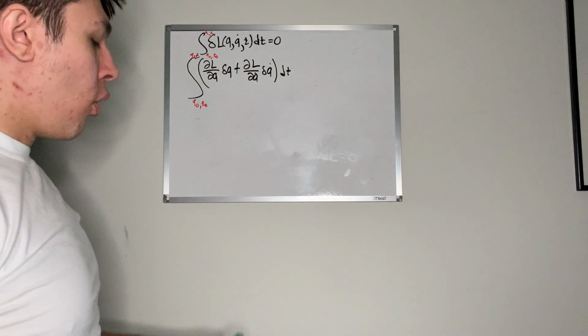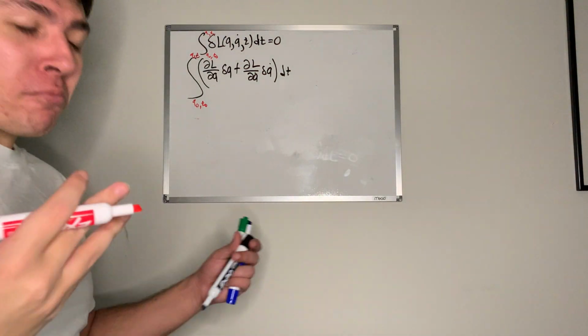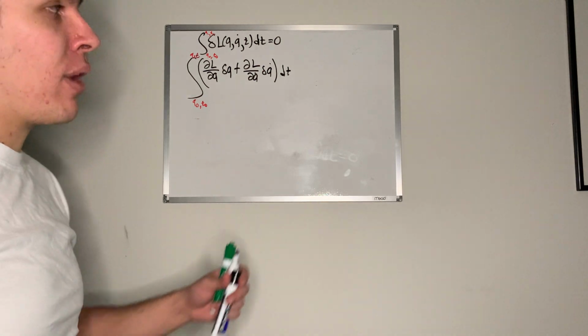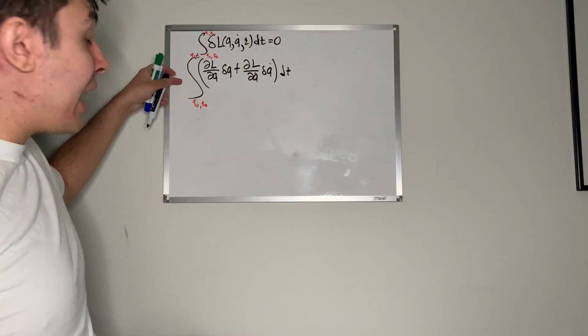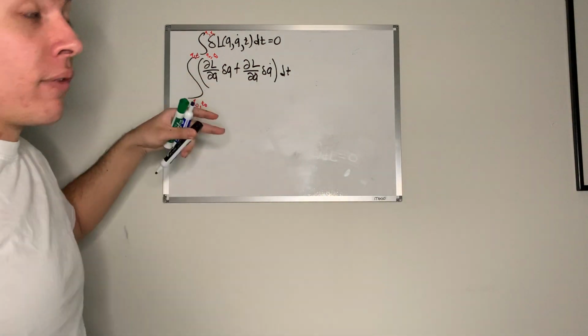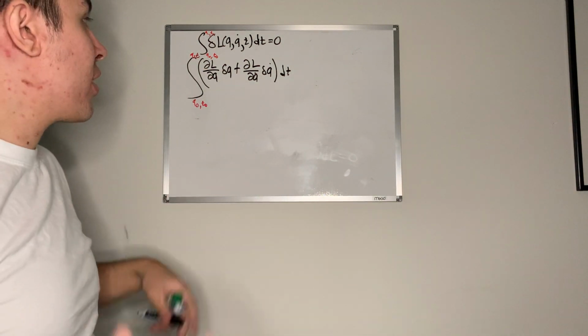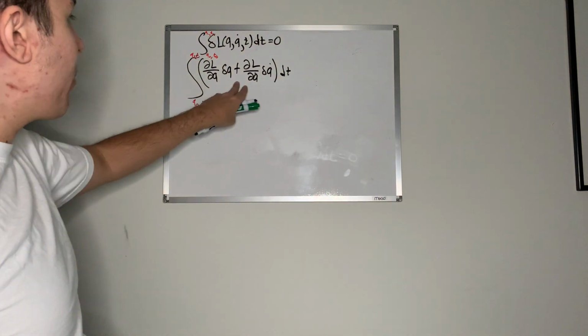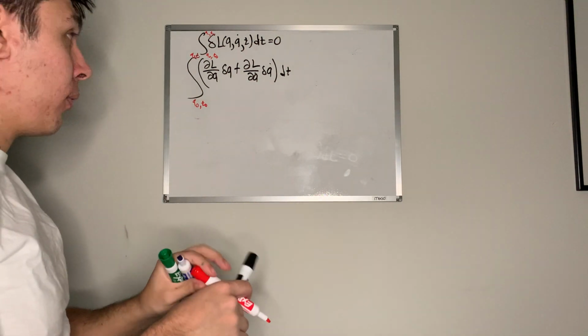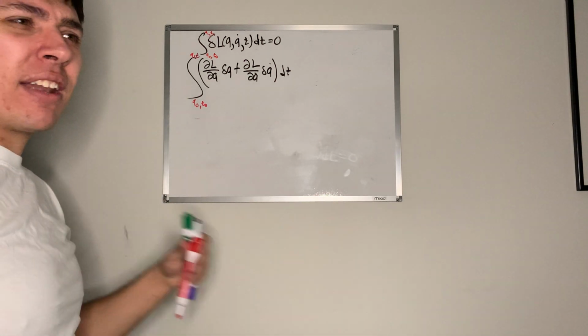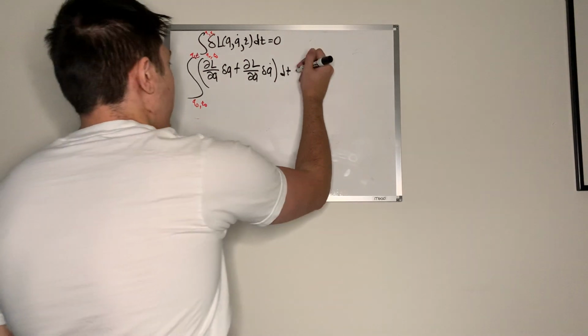Cool, right? So now we're going to be invoking that property of linearity again. Remember from the derivative case, if I have a linear operator such as a derivative or integral, they have this property that I can split this apart, which I'm going to do. I'm going to split this into two different integrals, because if I handle them one at a time, it'll make my life easier, and it does.